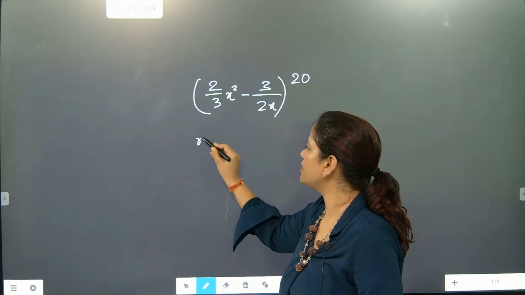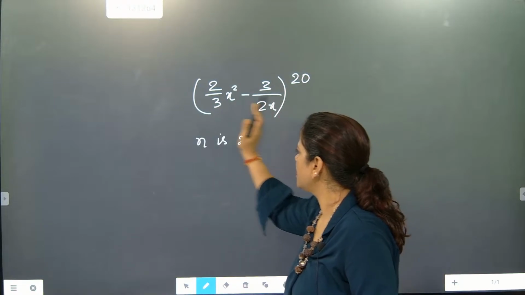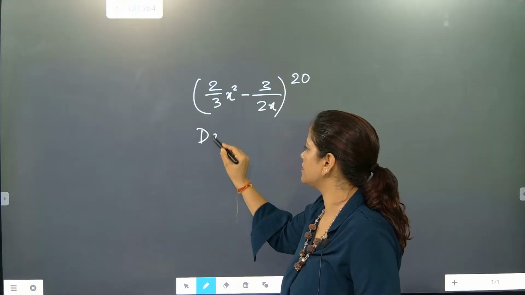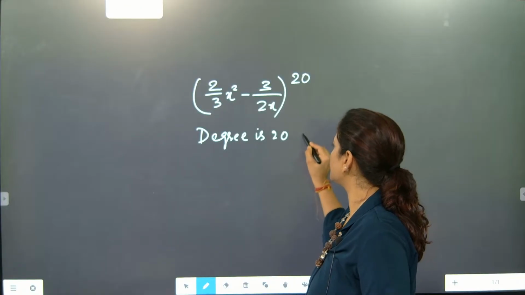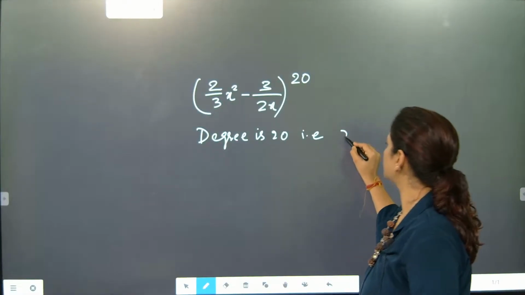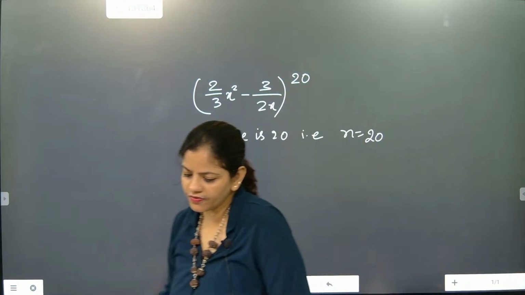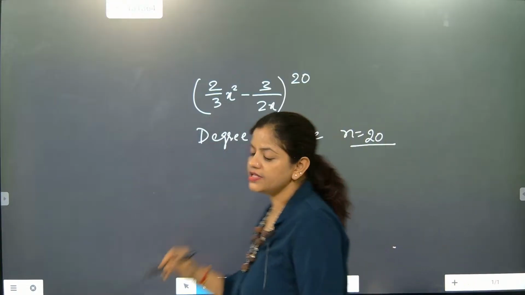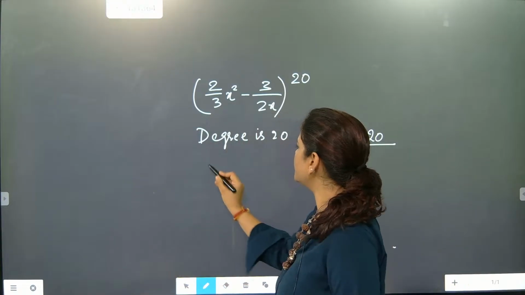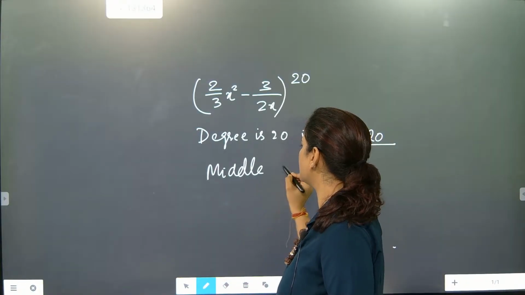What was the formula? N is 20. Sorry, here the degree is 20. We'll write like this. Degree is 20, that is n is equal to 20. We are not taking the number of terms, 20 parts. So n is equal to 20. When you took n is equal to 20, what will the middle term be?